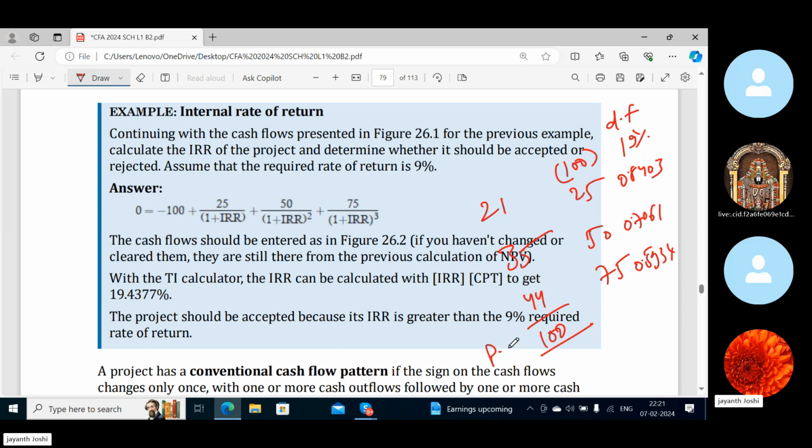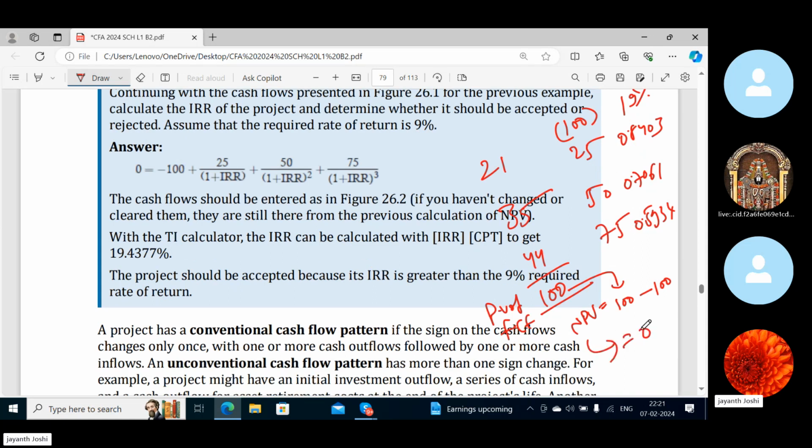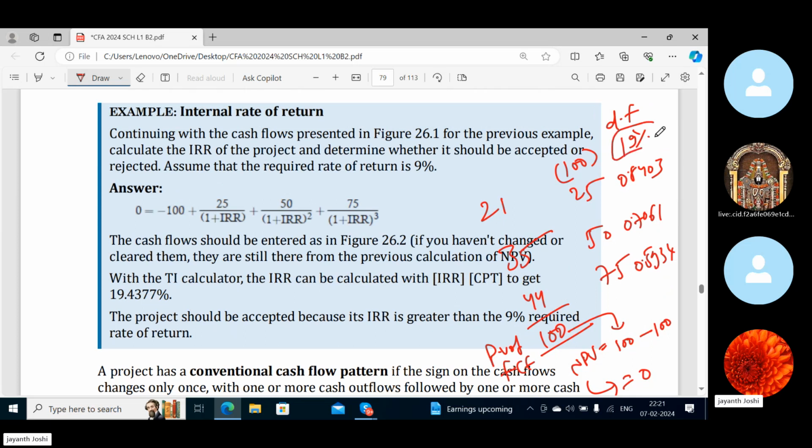This is my present value of future cash flows. So my NPV is the present value of future cash flows, which is 100, minus the investment I've put, that is 100, and I'm getting zero NPV. I'm getting this zero NPV at what rate? 19%. So what is my IRR? 19%. Did you understand this one?